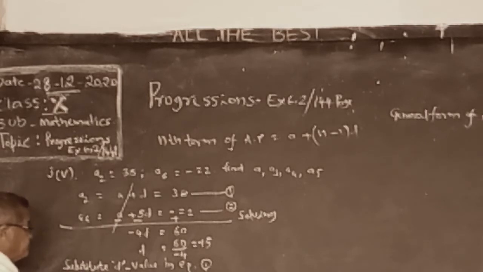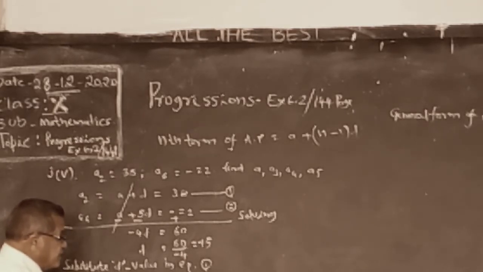What is 1? A plus D is equal to 38. D value -15, A plus -15 is equal to 38. A is equal to 38 plus 15. A is equal to 53. D value minus 15.